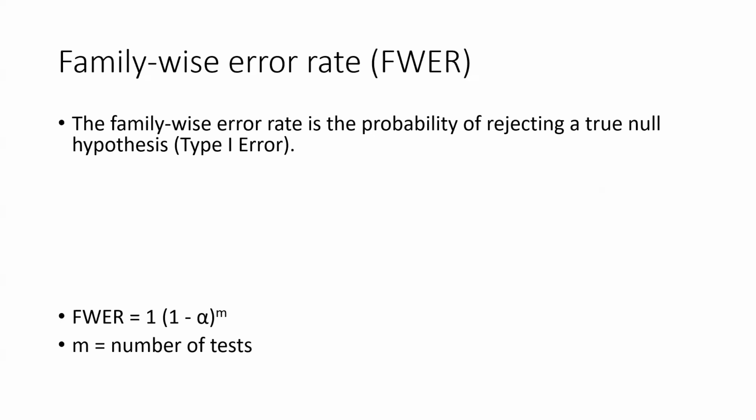So what is the probability of a type 1 error occurring? Well, to determine this, we have to calculate the family-wise error rate, and that is 1 minus (1 minus alpha) to the power of m, m being the number of tests.